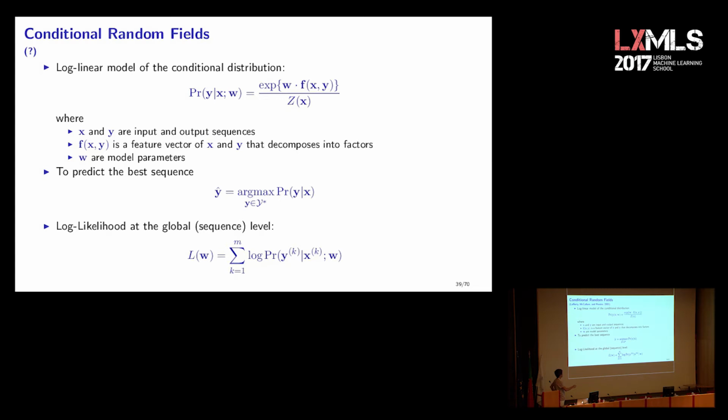Okay, so we call this global because it works at the sequence level, at the structure level. So here we're saying my model computes distributions over sequences, and I'm just having this loss. Before I was further decomposing this, and now I'm not doing that.